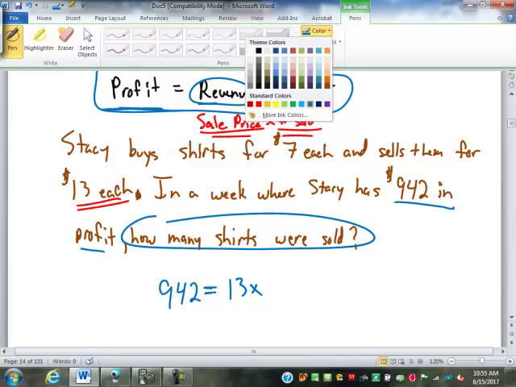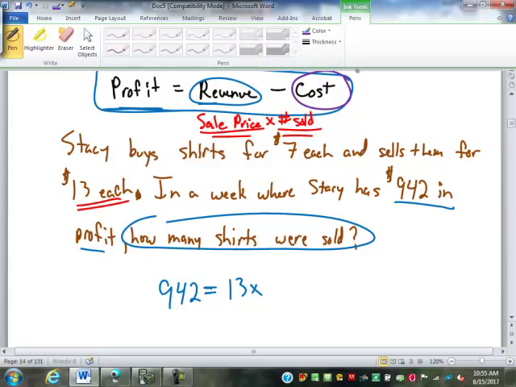Now, cost is the next thing. Cost is equal to the item cost times the number purchased or bought. We know the item cost is the $7 each. We don't know the number bought. We can't have a second variable here, though.